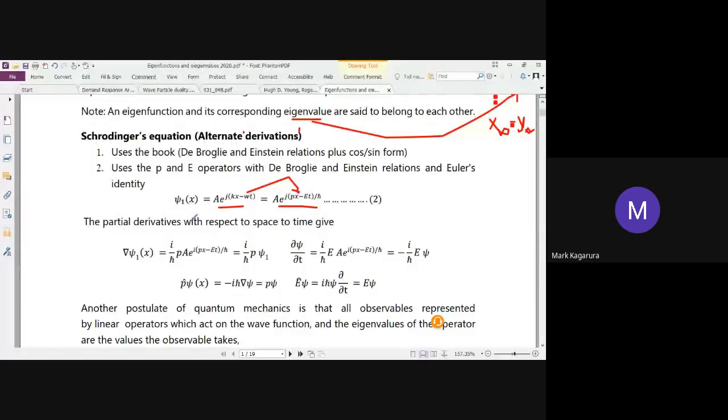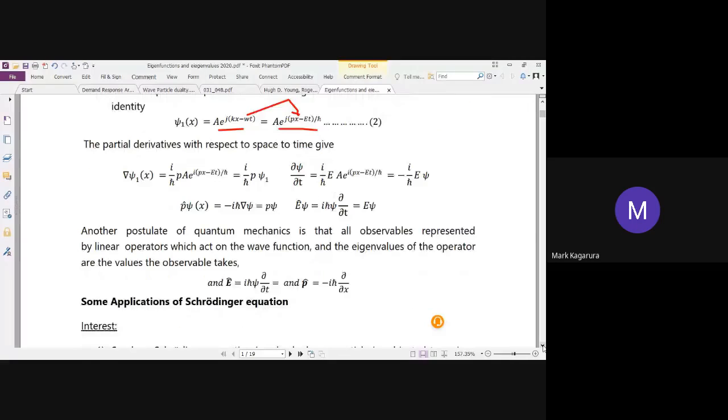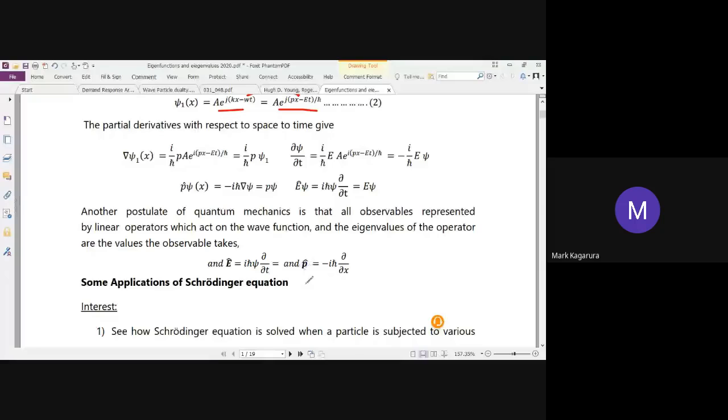So you can have a del operator, and a second operator, phi dt. That differentiation or partial differentiation can be seen as an operator, and then you get your solution. This is the momentum operator, and this is the energy operator. You can have a look at how they are derived.